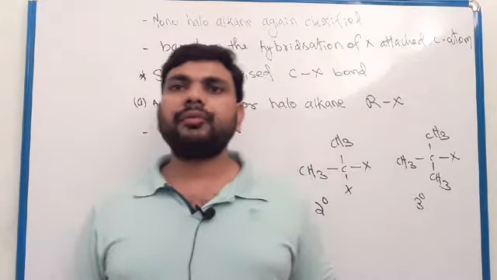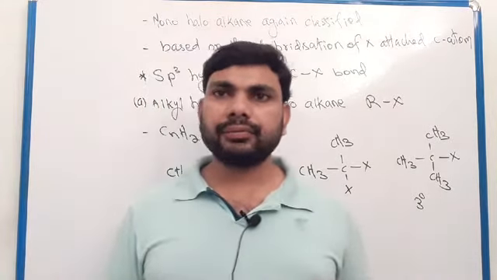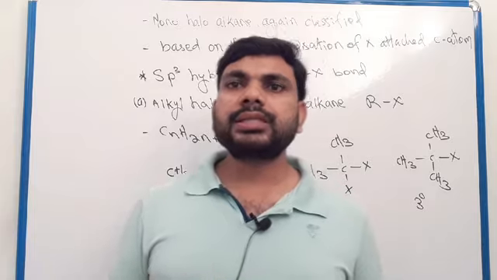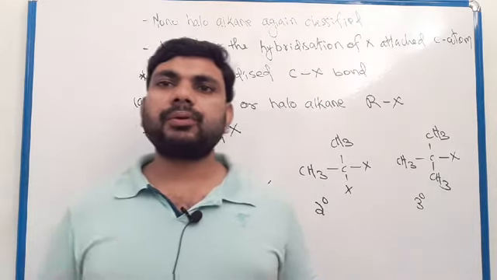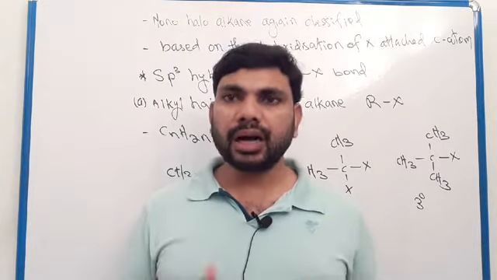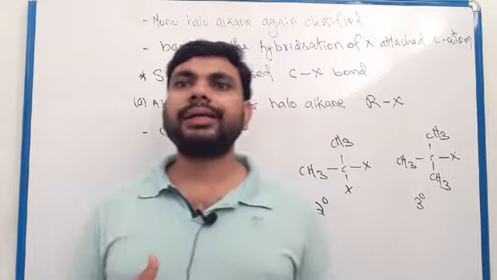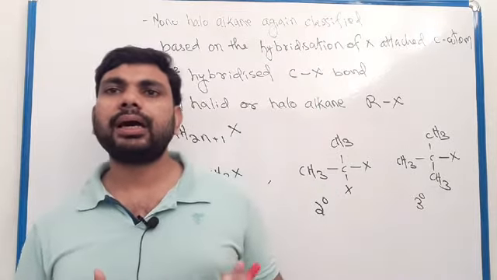Next we have to discuss another classification. First we discussed classification based on the number of halogen atoms: monohaloalkane, dihaloalkane, trihaloalkane.